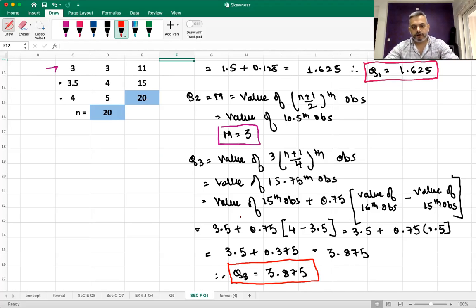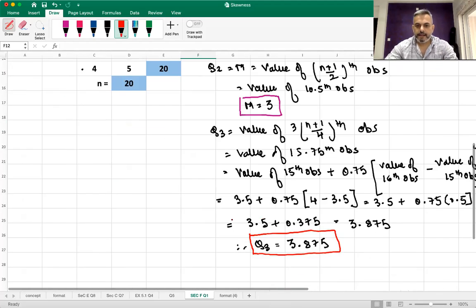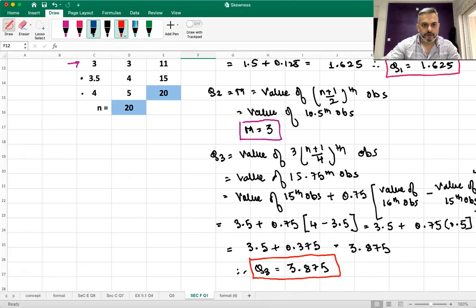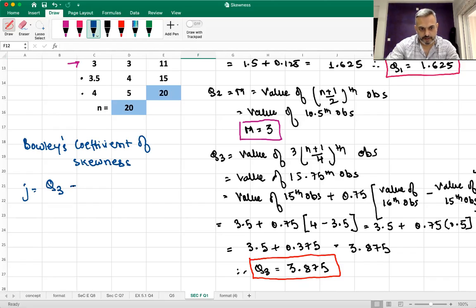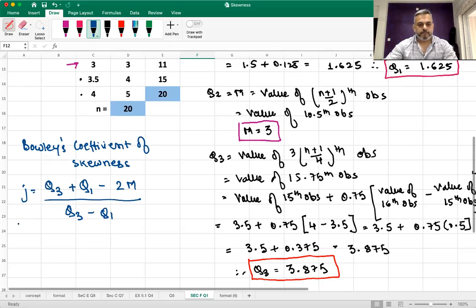So now we have got Q1, median, and Q3. So we go for the formula. Bowley's coefficient of skewness J is equal to Q3 plus Q1 minus 2m upon Q3 minus Q1.